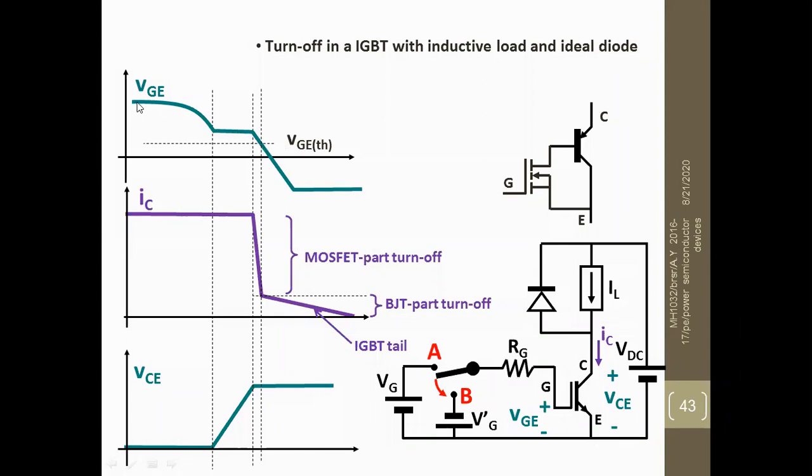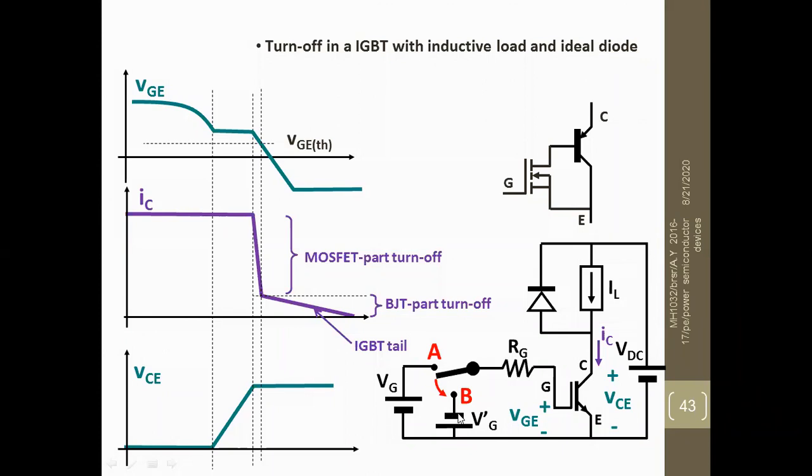After this, what should happen? When the gate emitter voltage changes to turn off the IGBT, A and B points are given with a moving switch. VG is given as a positive supply at A, and a negative voltage at B, where the terminals are interchanged.